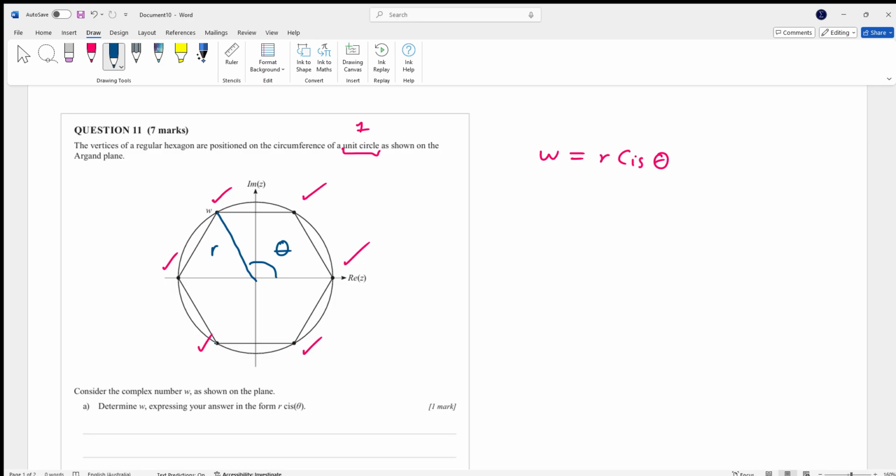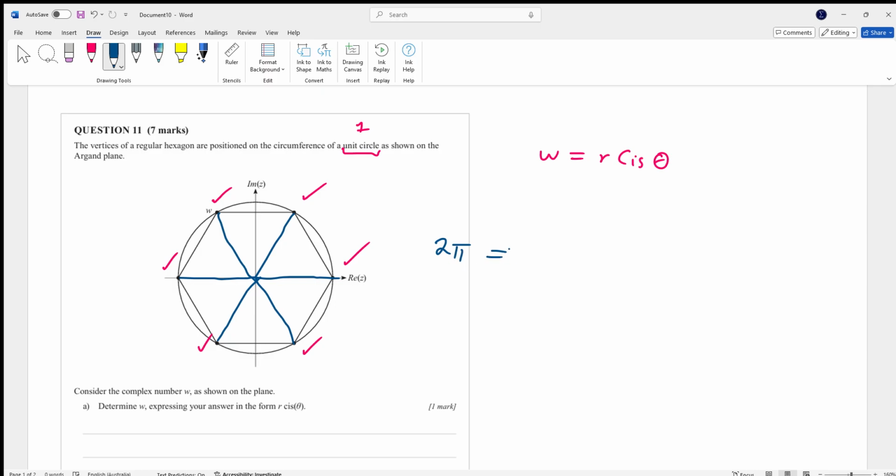Now, because there are 6 complex numbers, all of them have to be exactly equal distance apart. Because they're all equally spaced, the entire angle is 2 pi, but there are 6 of them.